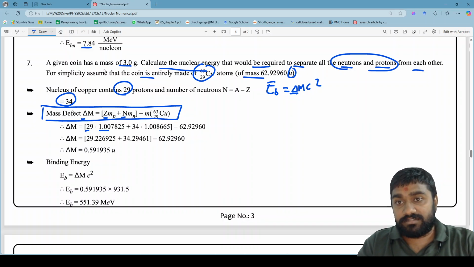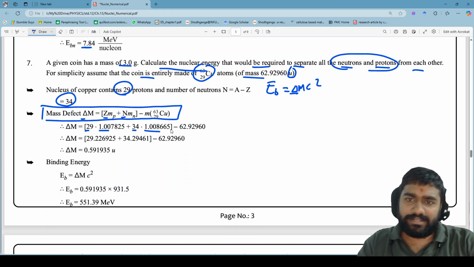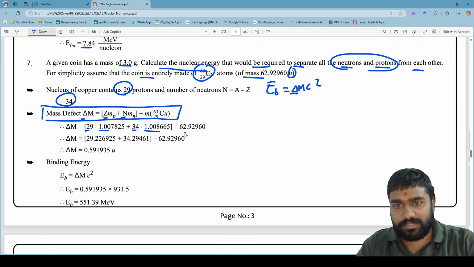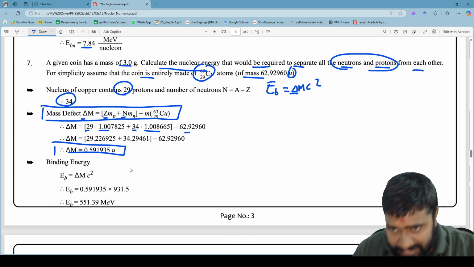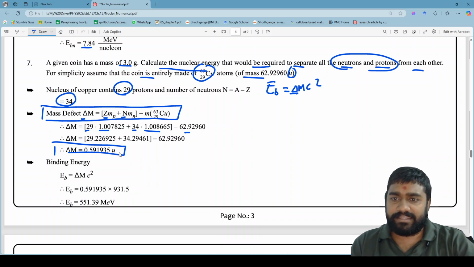Here in this question, nothing is given about mass of proton and mass of neutron, so we have to memorize it or practice it more and more times, you will get it. 1.007825 plus 34 neutron, 1.008665 minus total mass. Delta m, mass defect, is 0.591935 AMU.